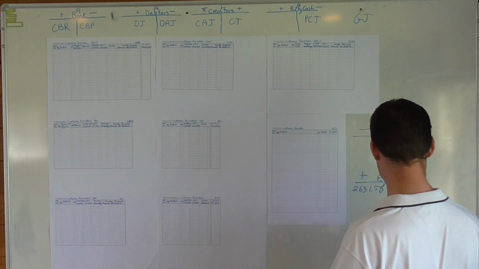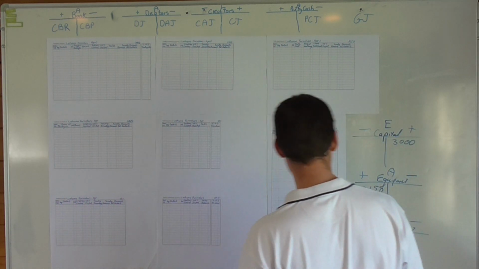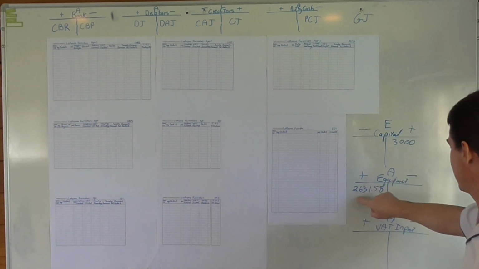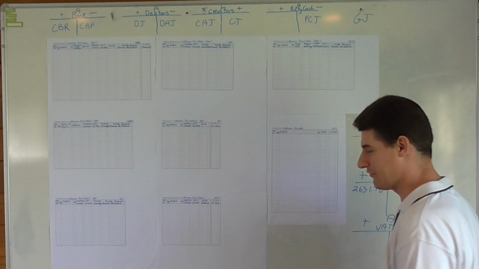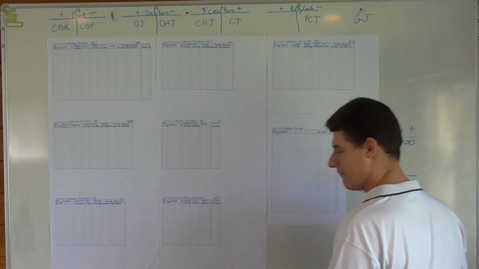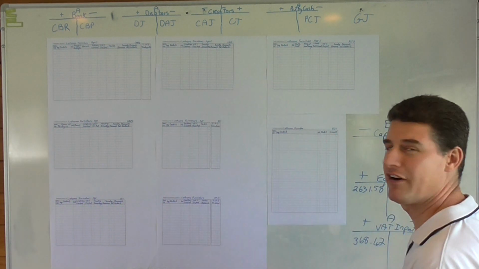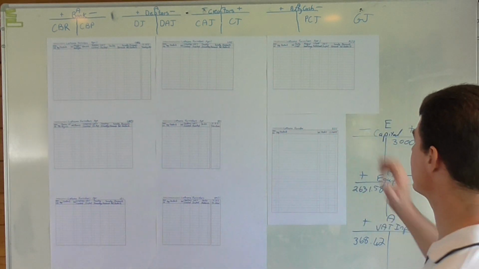And then the VAT input is an asset, so debit plus credit minus. The VAT amount is 3,000 minus 2631.58, and that is 368.42.